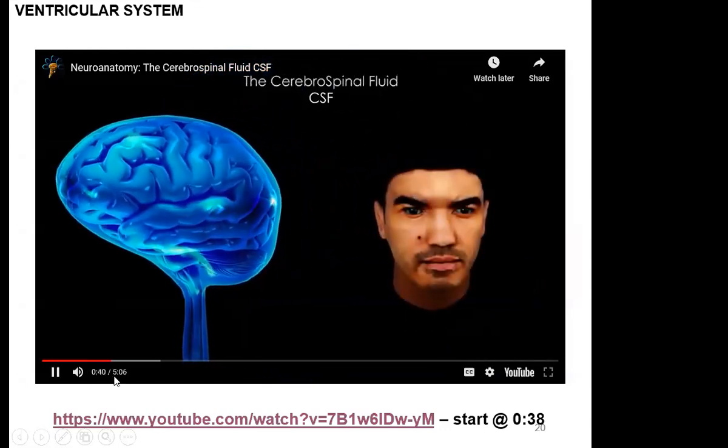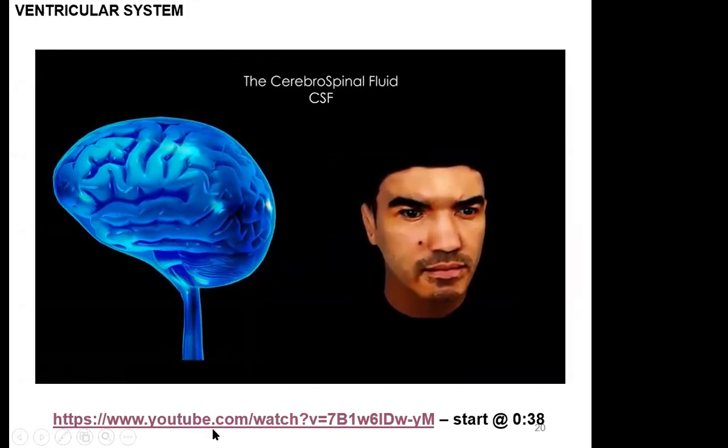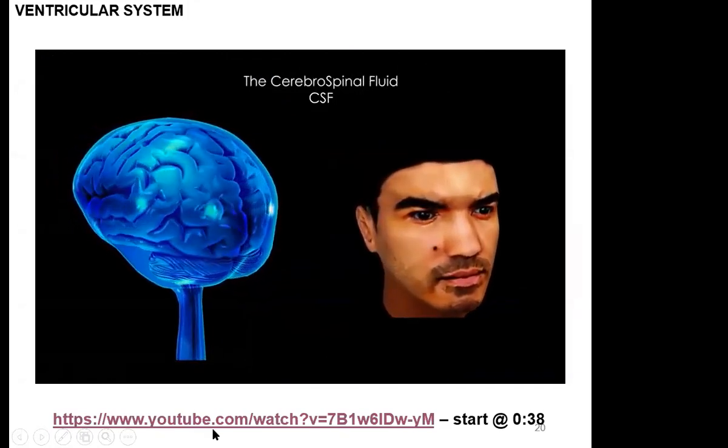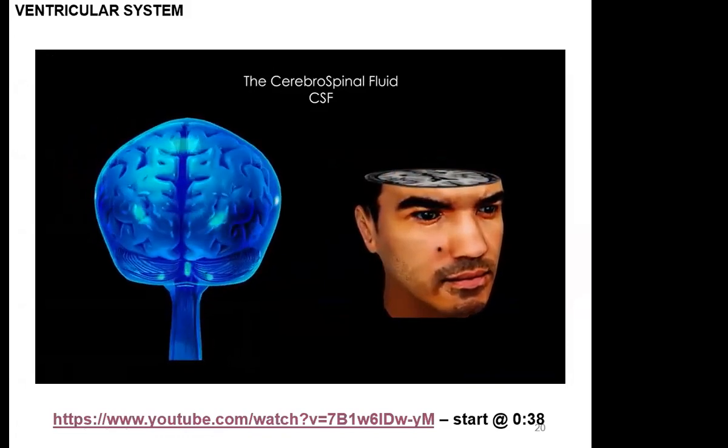The cerebrospinal fluid, or CSF, is the liquid that bathes the central nervous system, the brain, and the spinal cord.